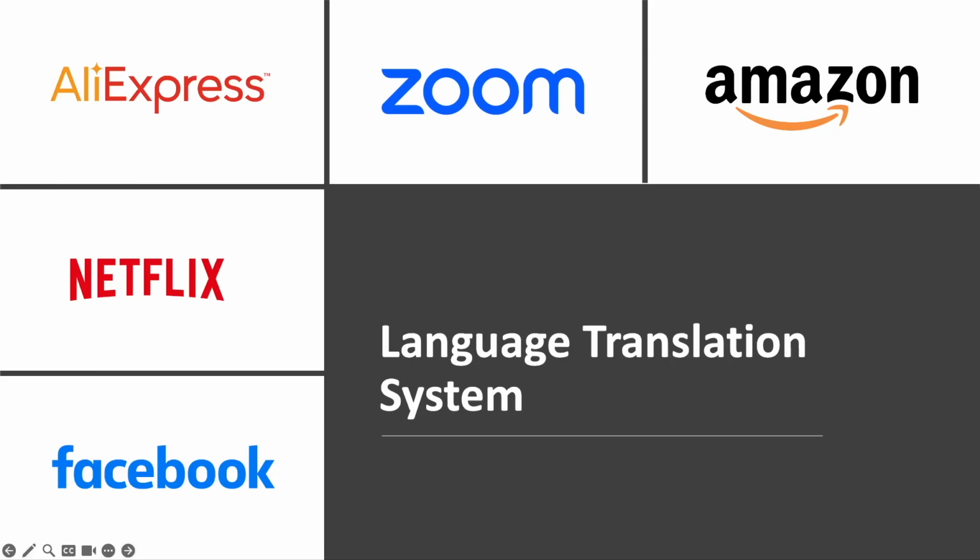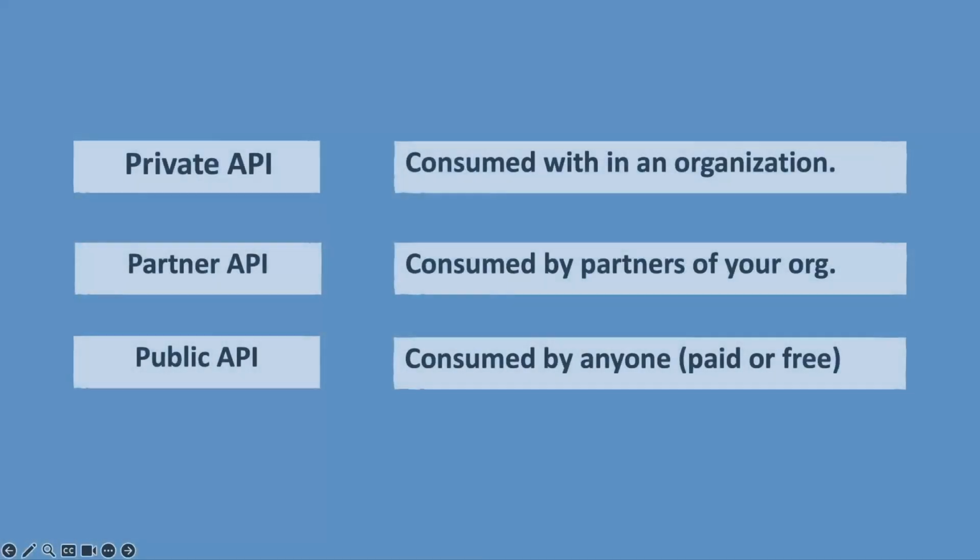I talk to them in English and they translate and understand it and reply back in a translated English. Because AliExpress delivers worldwide and they have to interact with multiple languages. So they just have to integrate a language translation system into their customer care product and boom, they can now reply to different people. Similarly, a meeting company like Zoom can use it for transcription translation.